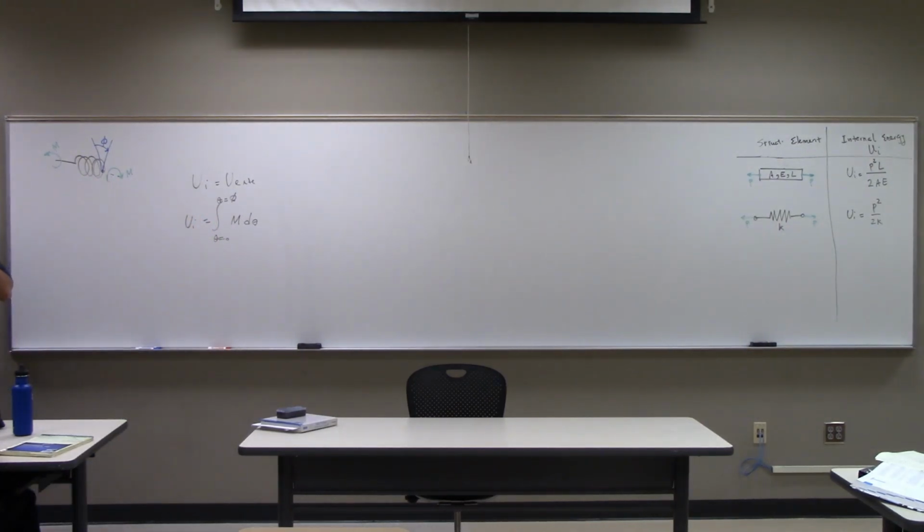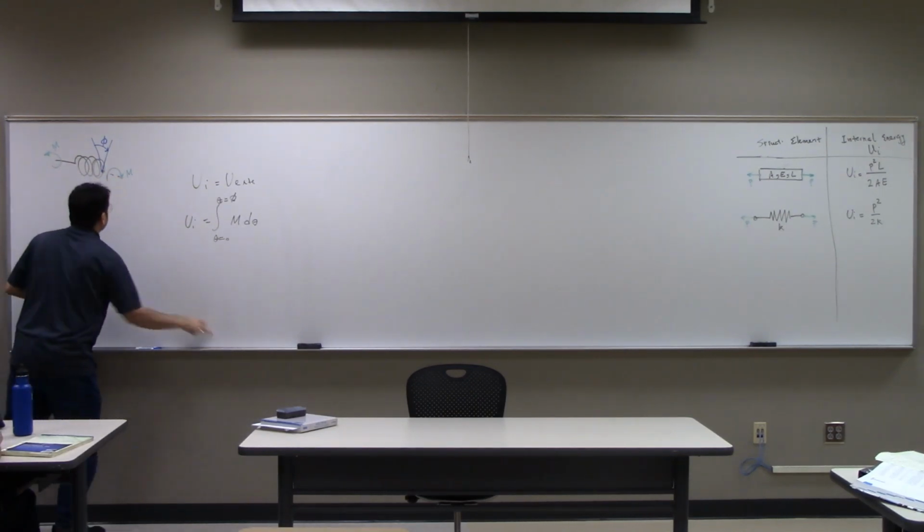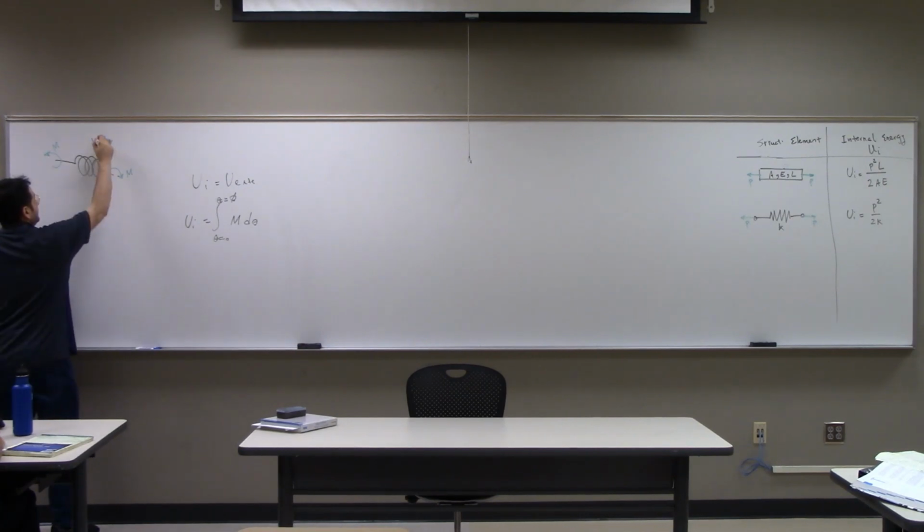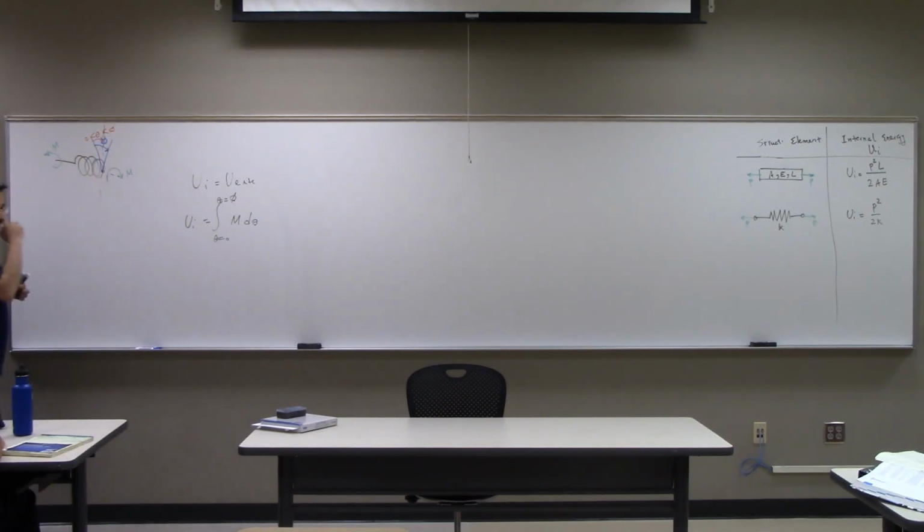But what is the moment when you reach the angle theta? Let's say you reach an angle somewhere between 0 and phi. So what is the relation between moment and angle theta?